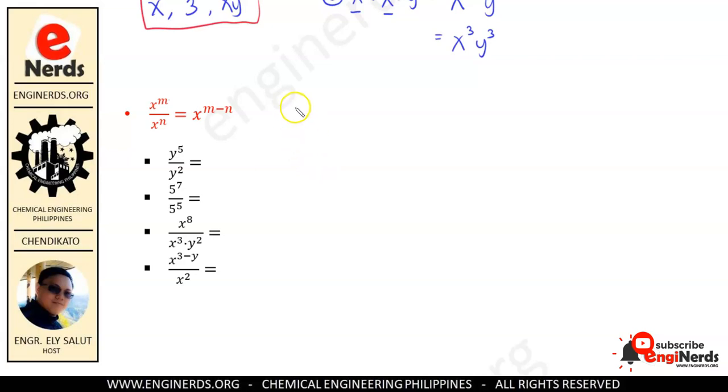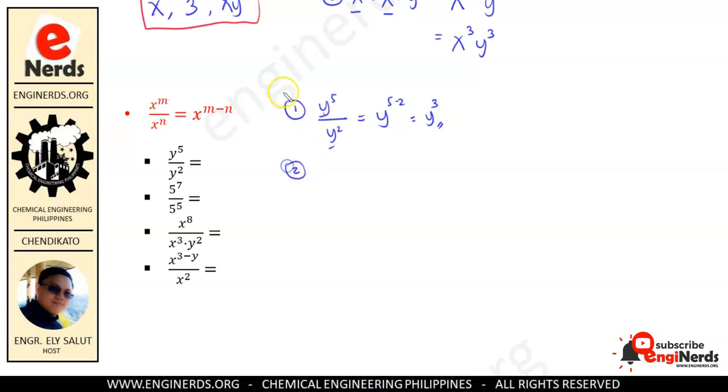So, what will happen? Let's say, on our first example, we have y to the 5th over y squared. So, the base is the same. That is important. The base should always be the same. This will be equal to y to the 5 minus 2, which is equal to y cubed. Okay?